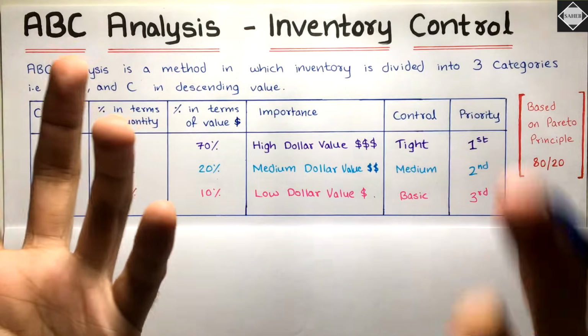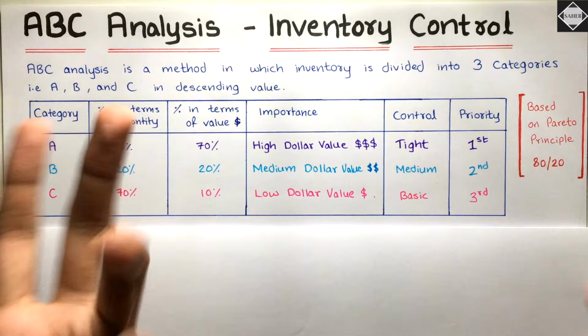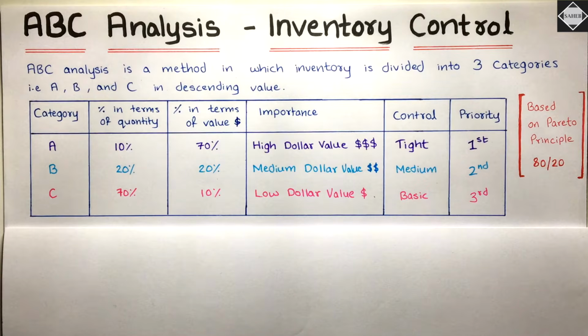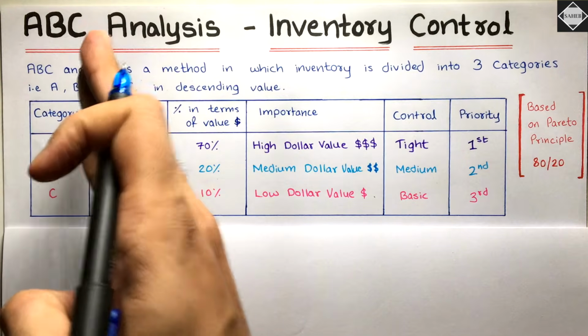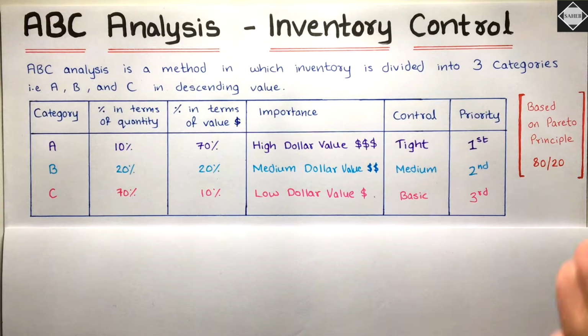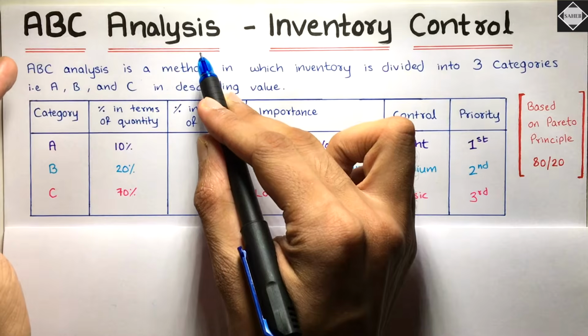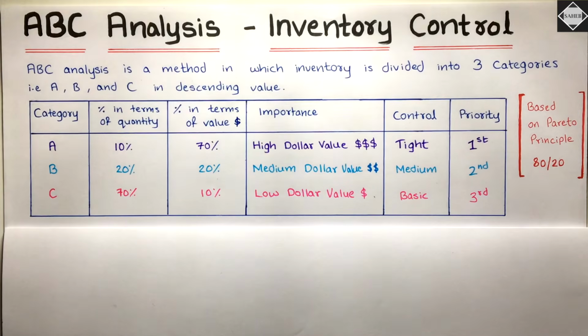It can be 60, 40%, 30, 70%. Is it clear? Fine. So that's what Pareto principle is. Now this ABC analysis technique is based on this principle only. When we completely understand the entire concept of ABC analysis, you will be able to relate it with Pareto principle, how it works.